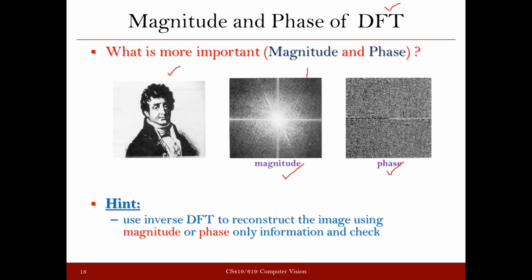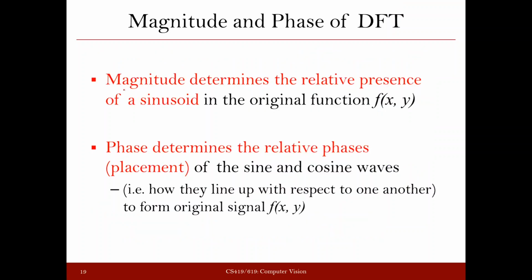Consider only the magnitude and try to get the original image, and then consider only the phase and try to get the original image. Wherever the information obtained by performing this inverse transform is closer to the original image, that one is more robust, or provides more information. So let us see that here.